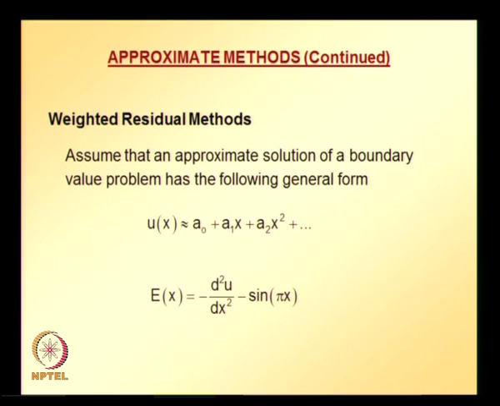When this solution is substituted in the given boundary value problem, or into the given differential equation, the right hand side is not going to match with the left hand side, and the difference between the right hand side and left hand side is this residual, denoted with E, and it is going to be a function of x.